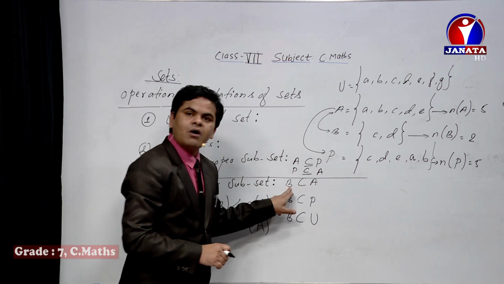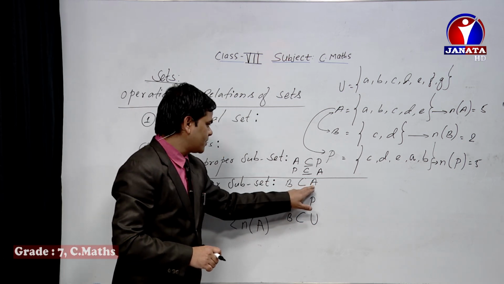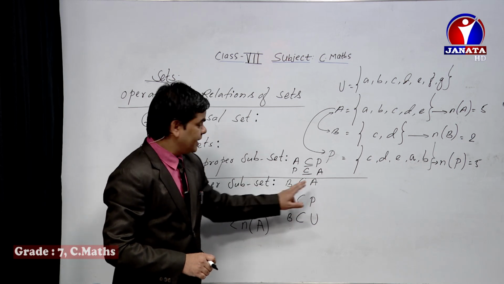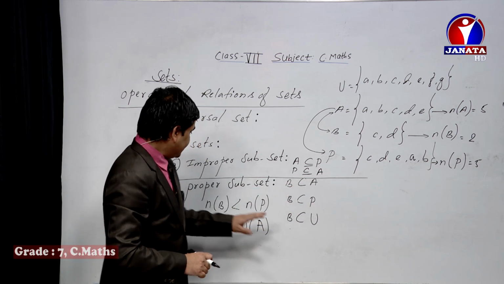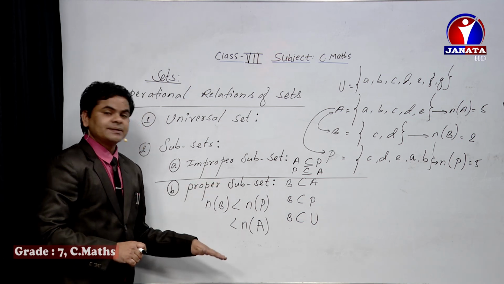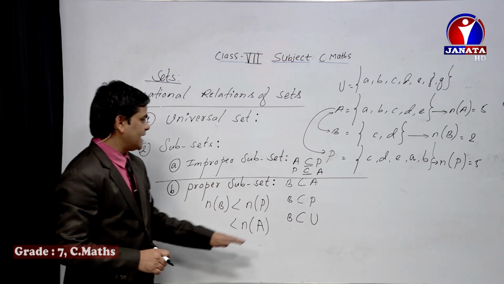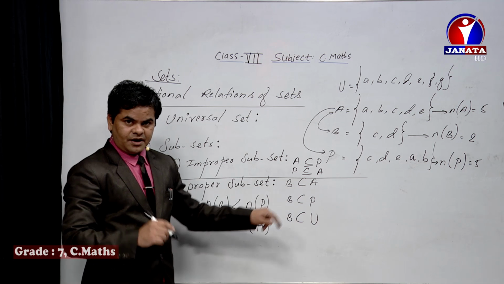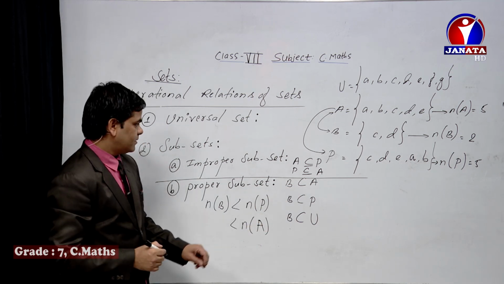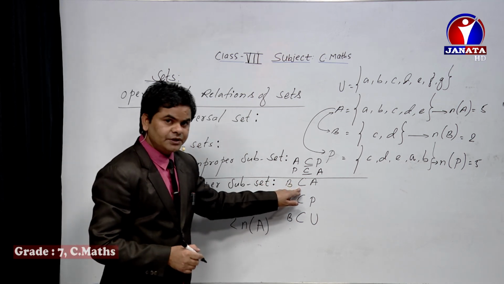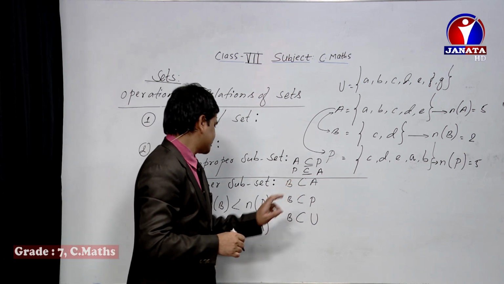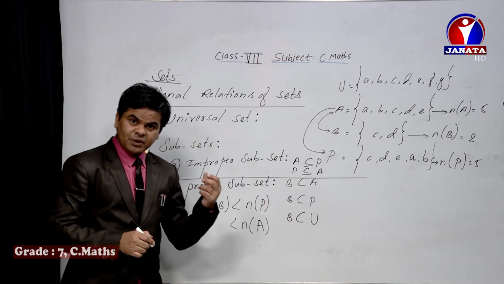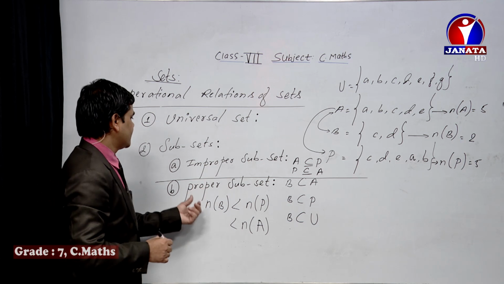Similarly, all of B's elements are found in set A, but all of A's elements may not be found in set B. In such cases, that type of relationship is known as proper subset, and we denote it by this sign, a U letter turning towards the right. That is the symbolical representation of proper subset.